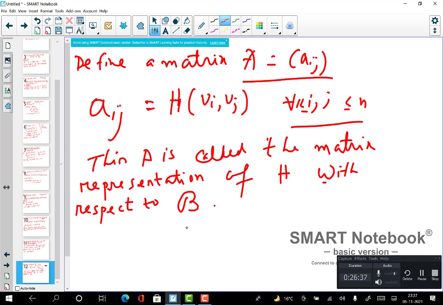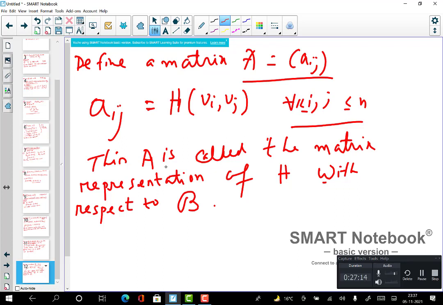We will prove later the relationship, how it depends on the basis. For now, you start with a bilinear form, fix a basis on the finite dimensional vector space, evaluate h on the basis vectors v_i, v_j, and that is the ith row and jth column of the matrix, called the matrix representation of h with respect to the given basis B.